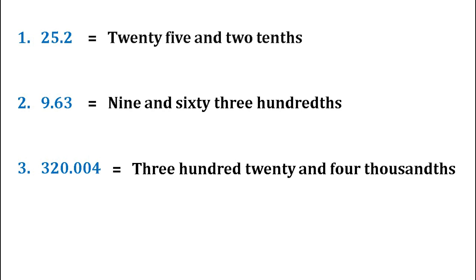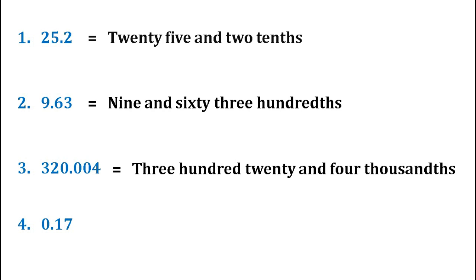Since 4 is to the right of the decimal point and it is in the thousandths place, it can be read as 4 thousandths. So our third example, 320.004 can be read as 320 and 4 thousandths.